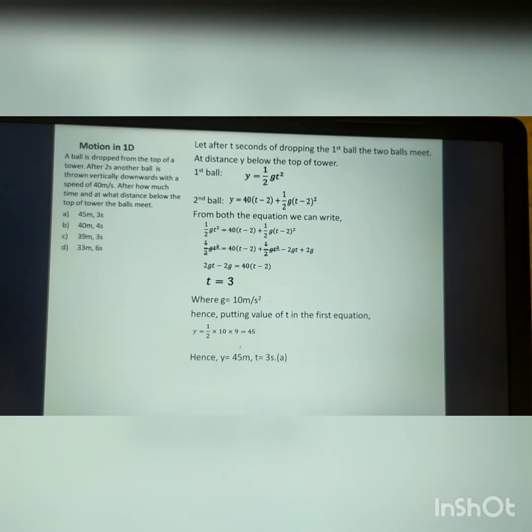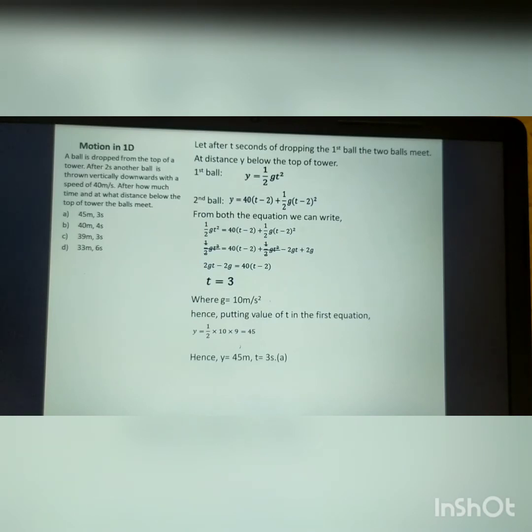For the first ball, y equals ut plus half gt square. For the first ball u is 0, so y equals half gt square, and for the second ball y equals 40 into (t minus 2), because the second ball is thrown 2 seconds after the first ball. So y equals 40(t minus 2) plus half g (t minus 2) whole square.